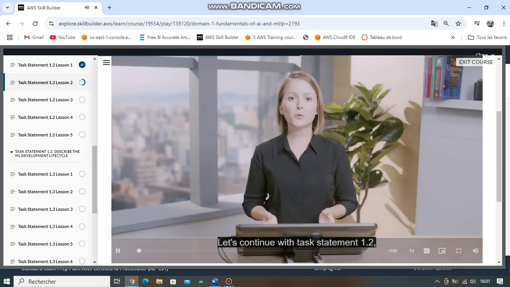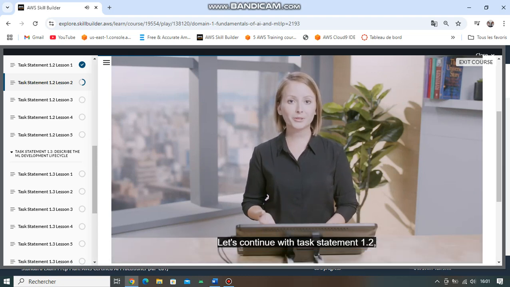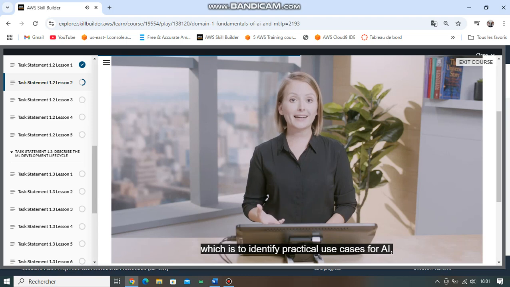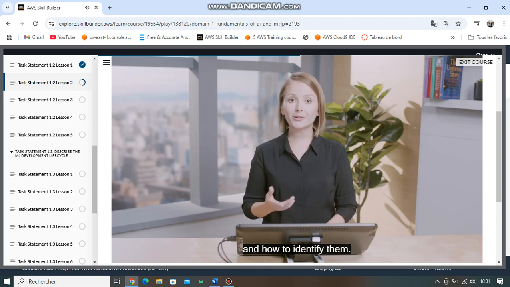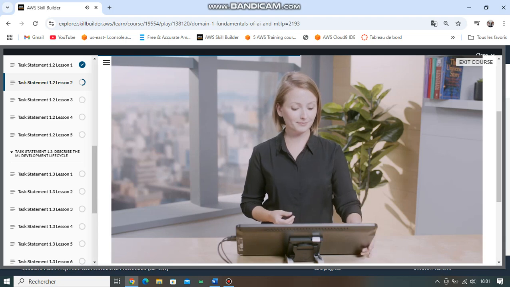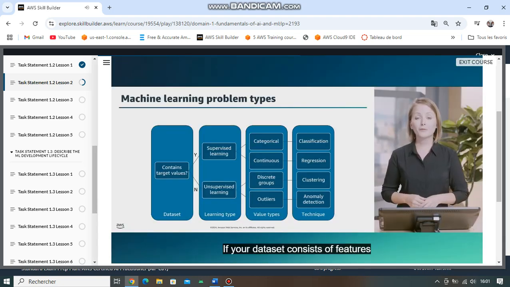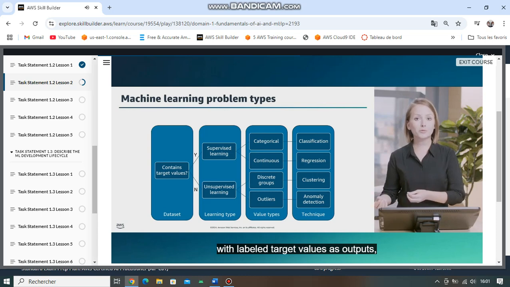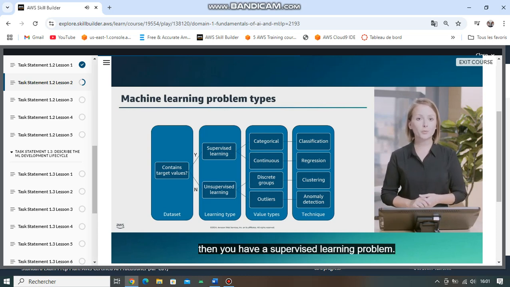Let's continue with task statement 1.2, which is to identify practical use cases for AI and talk about different ML problem types and how to identify them. If your dataset consists of features or attributes as inputs with labeled target values as outputs, then you have a supervised learning problem.